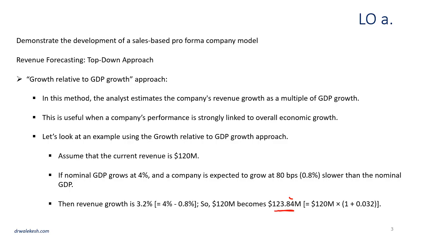So I believe we are fine with this, but it is worth noting that the examiner might not give you nominal GDP. You might be given real GDP. If you are given real GDP, you can compute nominal by just adding the real GDP to the inflation.